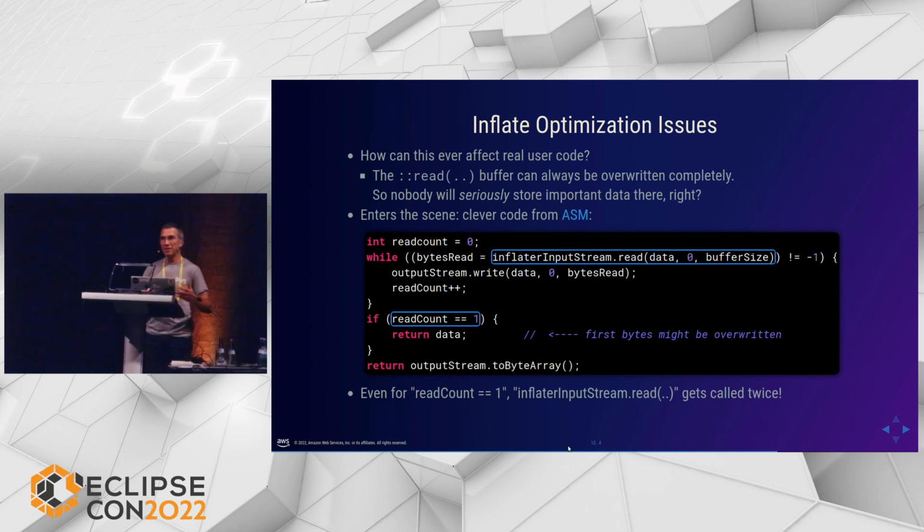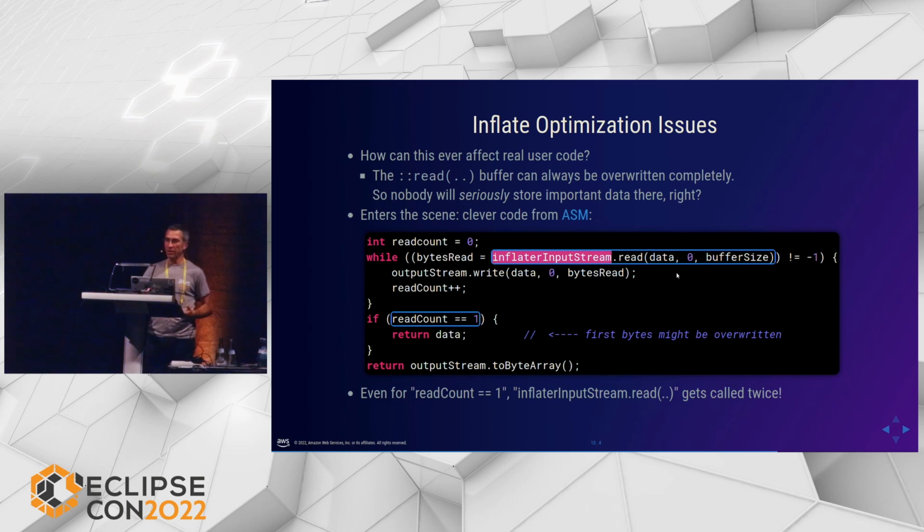But remember that the Cloudflare library puts these extra padding bytes at the end, and even if the read count is 1, you call InflaterInputStream.read two times, right? You call it the first time, which returns the number of inflated bytes, and then you have to call it the second time to see that the data in your input stream is at the end.